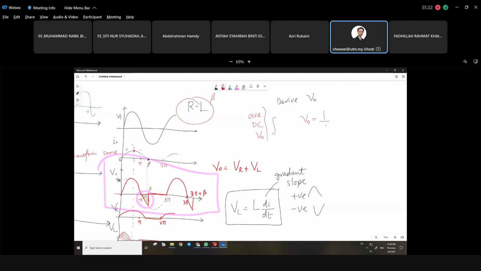What is the T period? Anyone can help me? What should I put under the 1 over 2 pi? So I'm integrating from when to when? From where to where? Starting from?